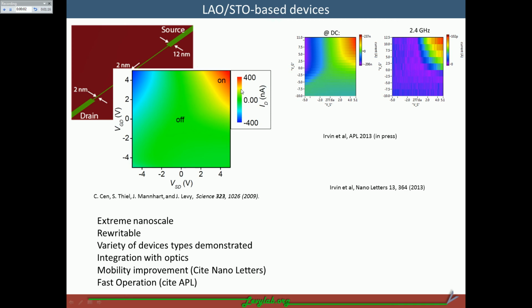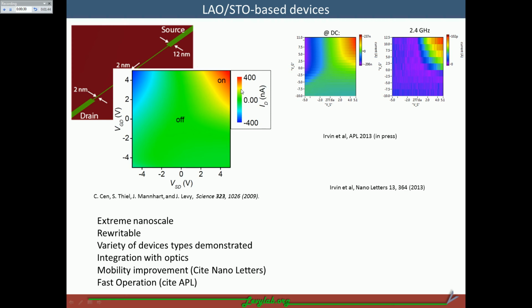You've already heard in this session several talks about LAO/STO-based nanoelectronics devices, and there are several results that may make this system applicable to room temperature electronics that go beyond Moore's Law.